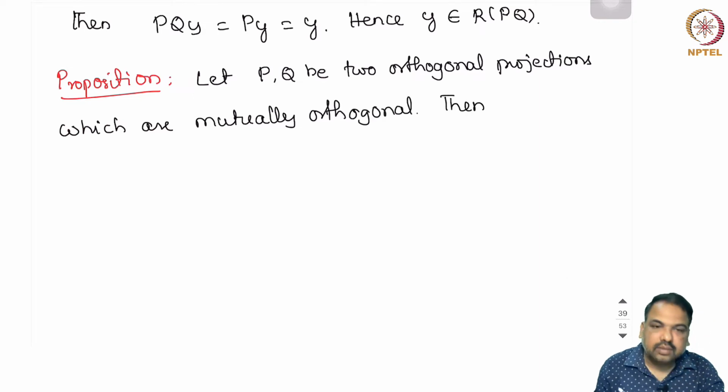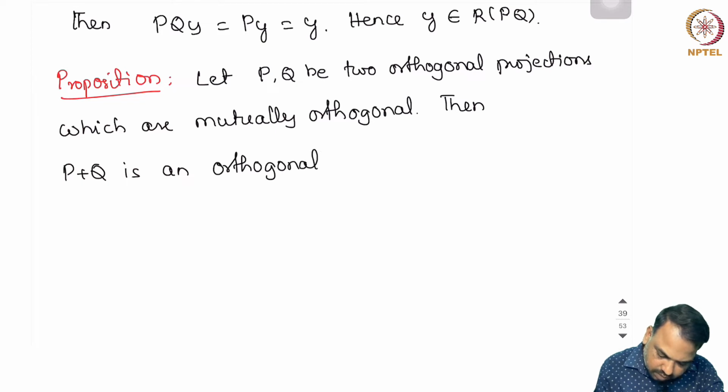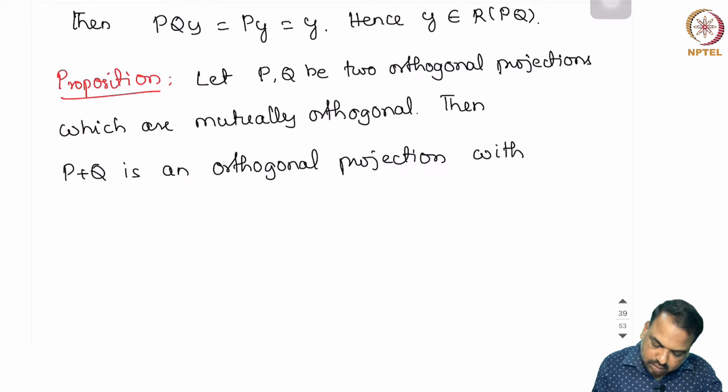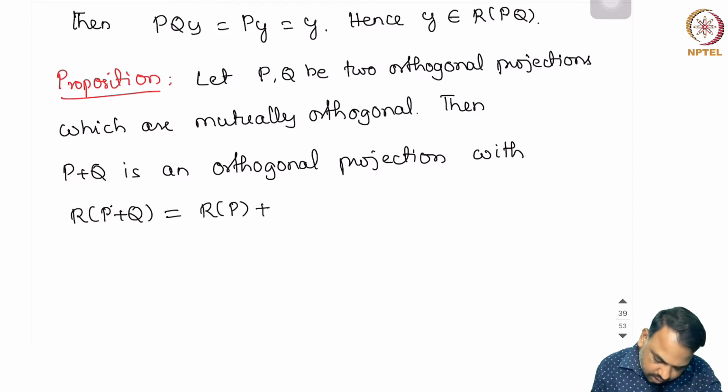Then we can show that P plus Q is an orthogonal projection with range of P plus Q as range of P direct sum with range of Q. This is orthogonal direct sum.